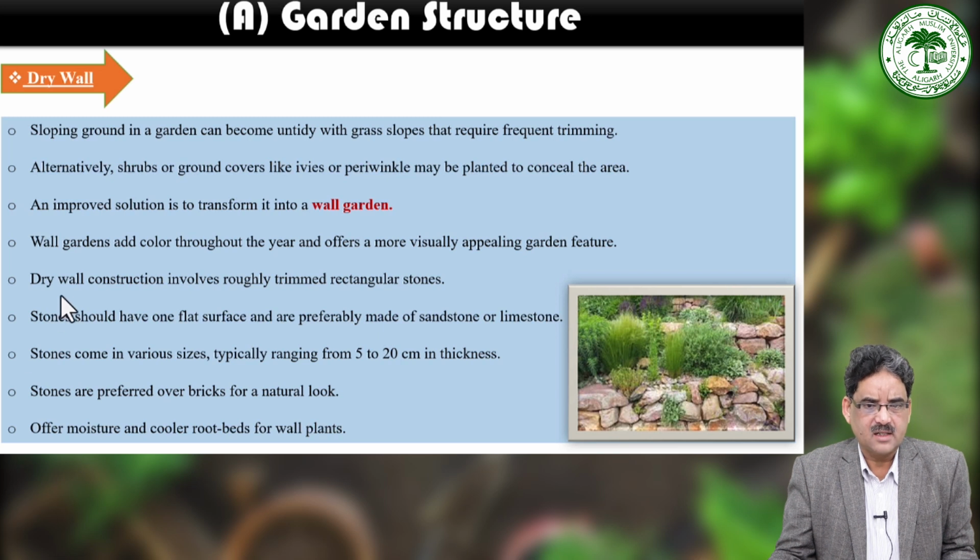The dry wall consists of roughly trimmed rectangular stones with one flat surface, preferably sandstone or limestone of any reasonable size, but from 5 to 20 centimeters in thickness, as shown in this figure. Stones are always better than bricks for natural effects and also as they provide moisture and a cooler root bed for wall plants.